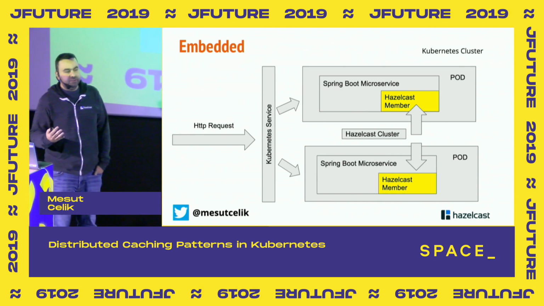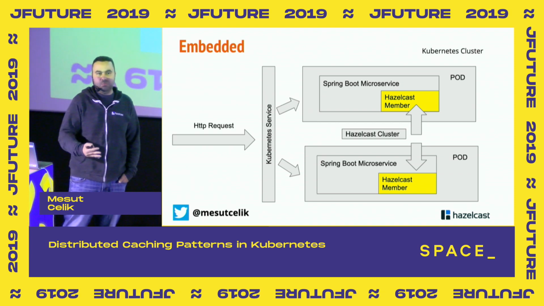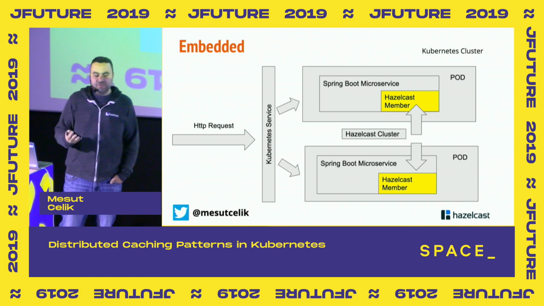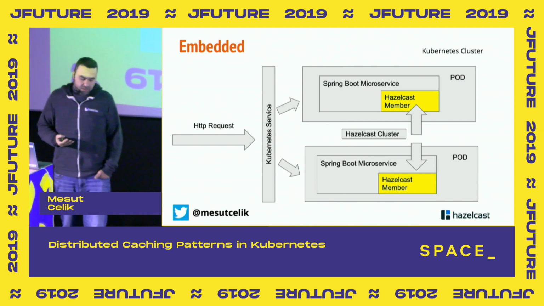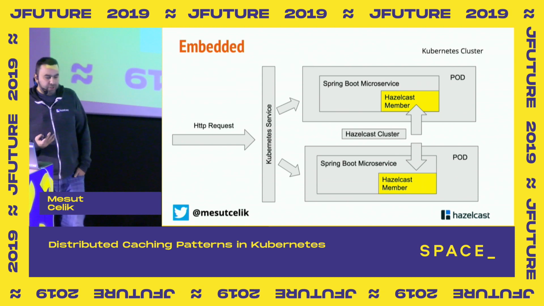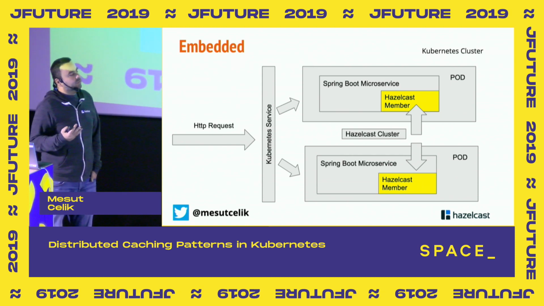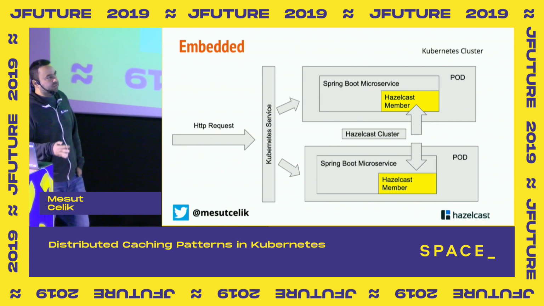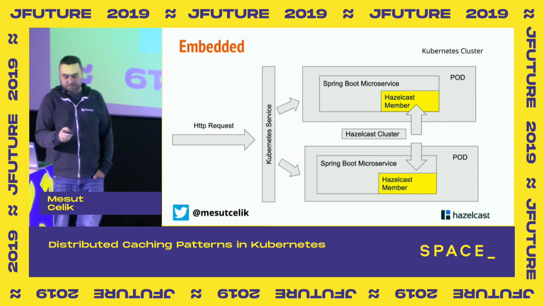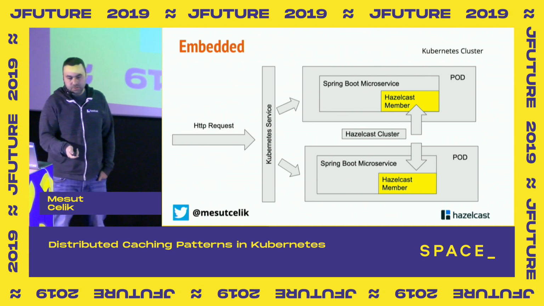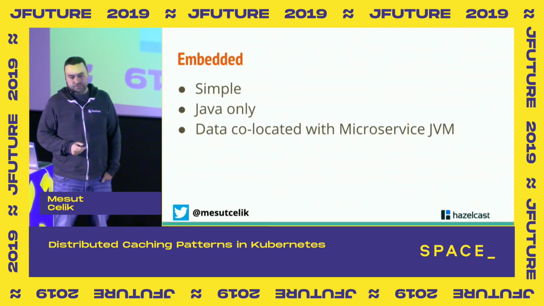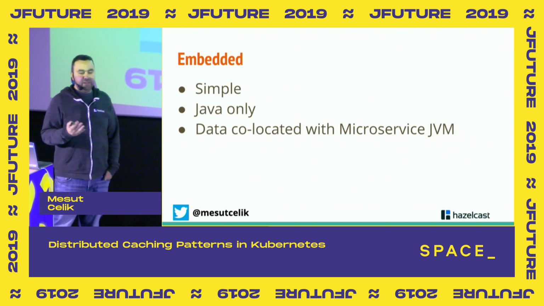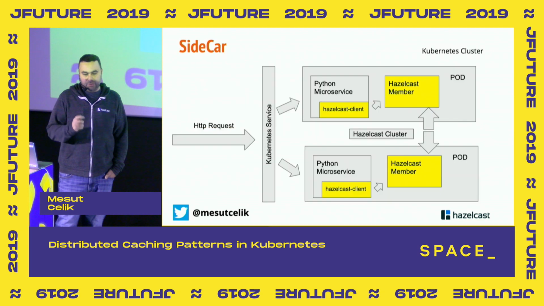If you scale, let's say, up to 100, you will end up having a 100 member cluster in Hazelcast, which normally is not needed. But if you know what you are doing, then that's the simplest one. You can start with that, and then you can switch to the other caching patterns too. Okay, so embedded is simple, and it's Java only, and data is collocated with the microservices' JVM.